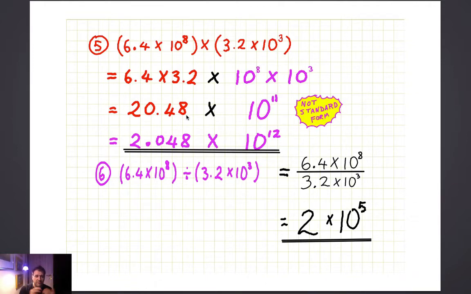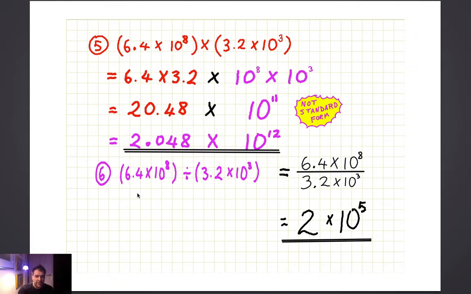So what I've done is make that 10 times smaller to get 2.048. Then I've made the other bit of the number 10 times bigger, so instead of 10 to the power of 11, it's 10 to the power of 12. And now that I've done that, the answer I've got is in standard form because it's 2.048, a number between 1 and 10, multiplied by 10 to the power of something.